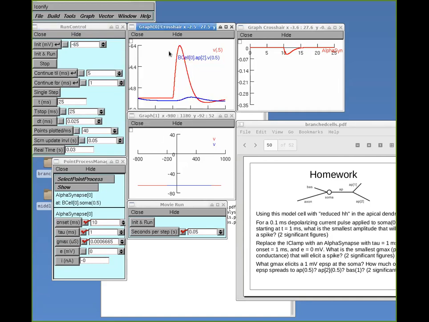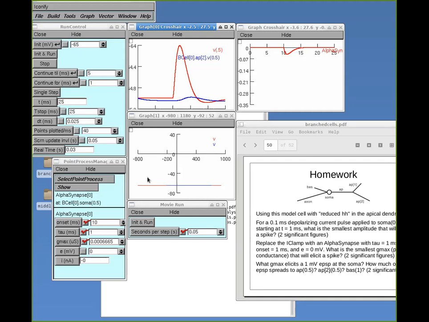Okay, view equals plot. We go from minus 65 approximately to, well, that's pretty good. So already we have a strong hint that the cell is quite linear. I started out with an EPSP that was about 1/3 too small, and that was just based on a guess.